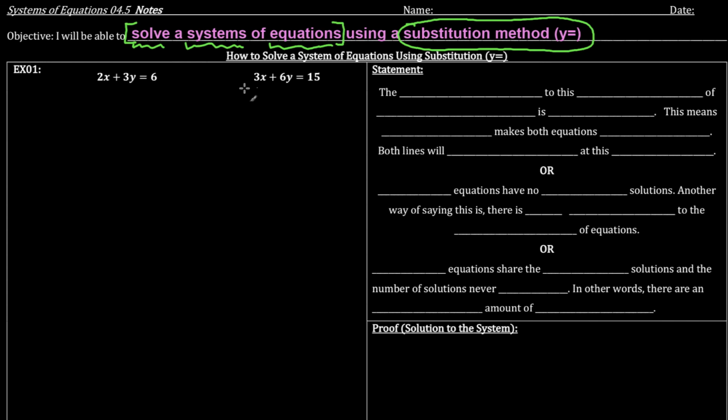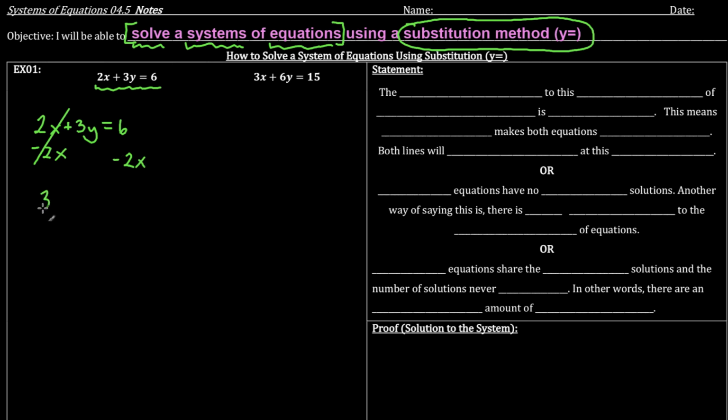It doesn't matter which form they start in, as long as we make one say y equals. I mean, you could say slope-intercept form, but as long as it says y equals, we're for the most part fine. So I'm going to make this one right here say y equals. So 2x plus 3y equals 6. Let's subtract 2x from both sides.